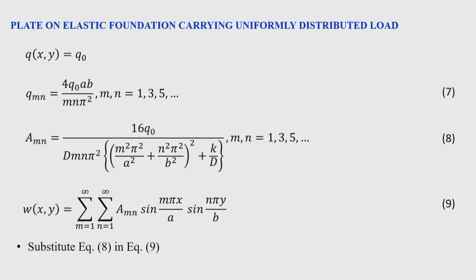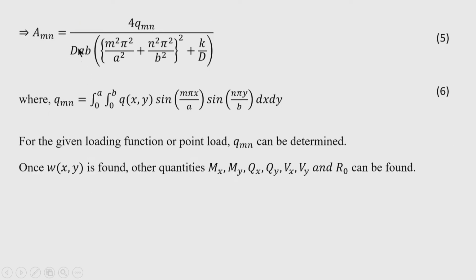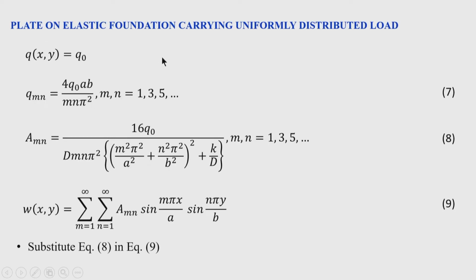After substituting Q_mn in the expression for A_mn, we get A_mn as this. Once A_mn is found, then w(x,y) is A_mn into sin(m pi x by a) sin(n pi y by b). So, equation 8 into equation 9 we can get the full deflected series.